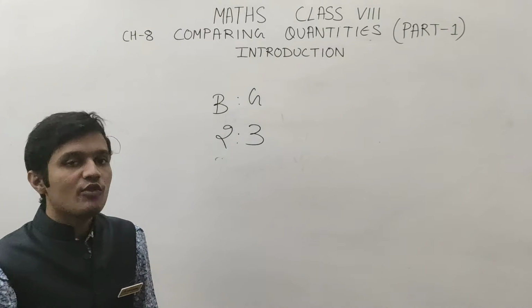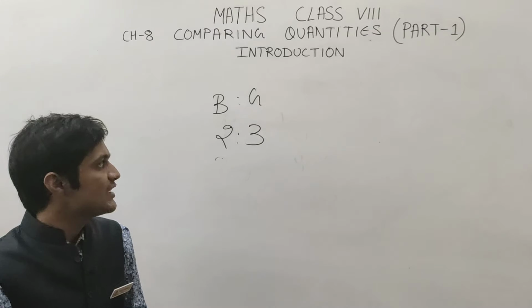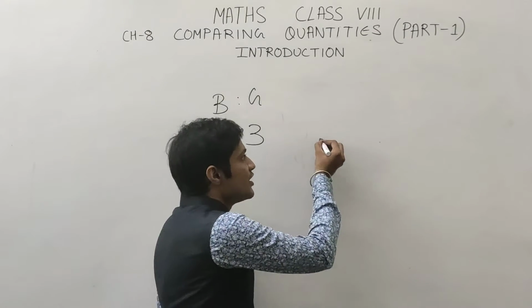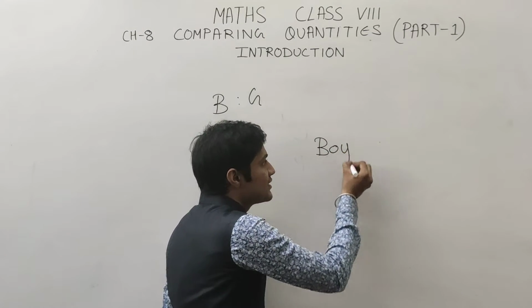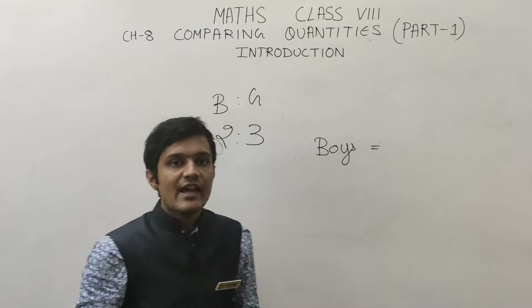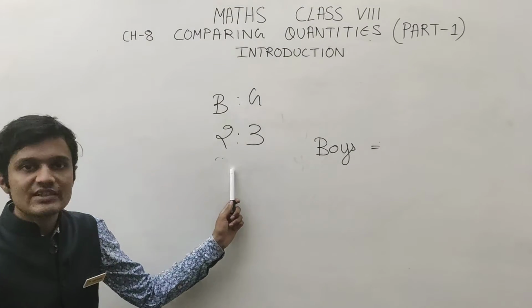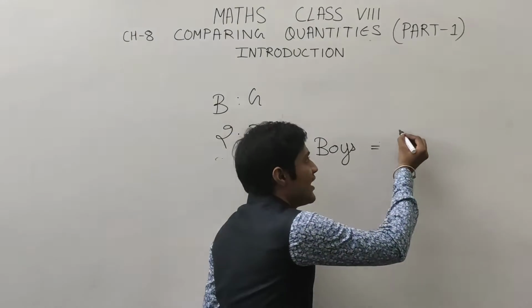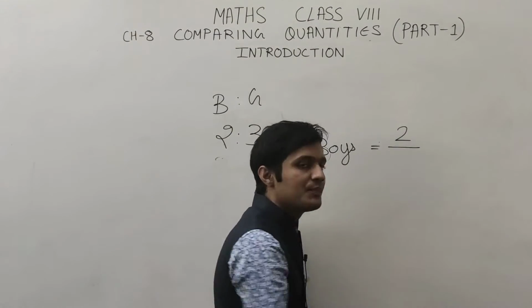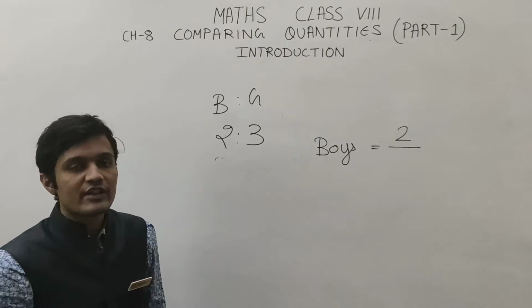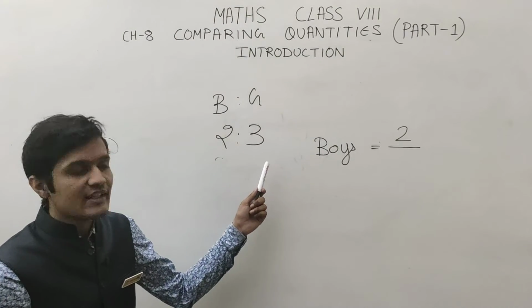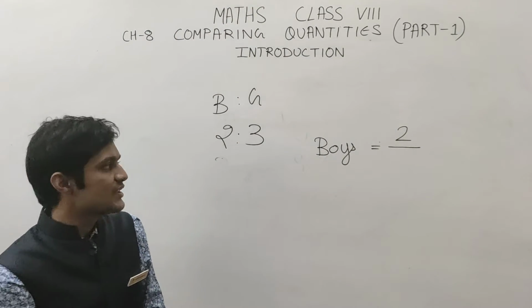So the method of conversion of ratio into percentage is, firstly, if we want to find out the percentage of boys, then which ratio is representing boys? Here 2 is representing boys, so I write 2 in the numerator divided by the sum of ratios. There are two quantities and their sum is 2 plus 3, 5.